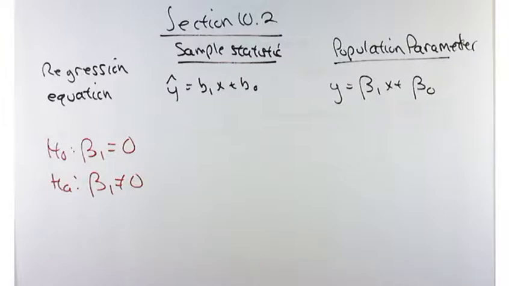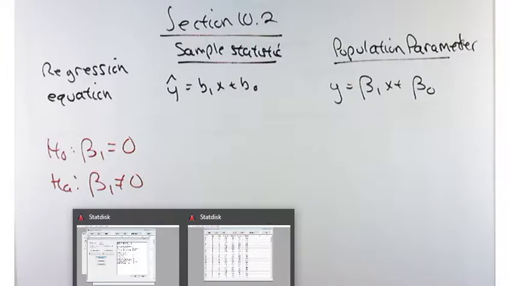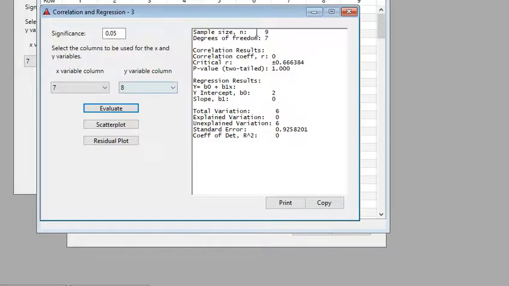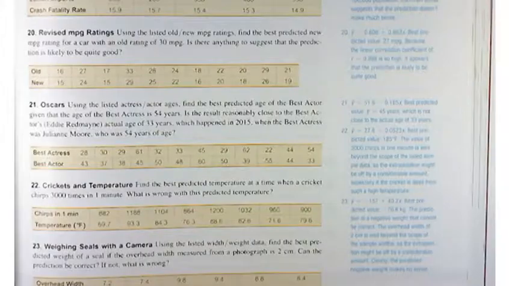Thank you. So let's go back to problem number 22. Hopefully you saved your data in StatDisk. Problem 22 was trying to find a relationship between the number of times a cricket chirps in 1 minute and the temperature. So a quick look at that again, and then we'll work on the data.